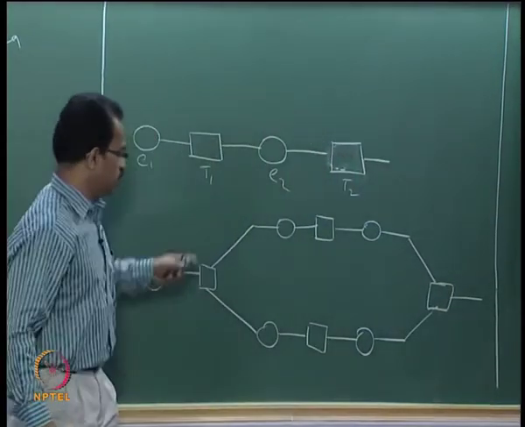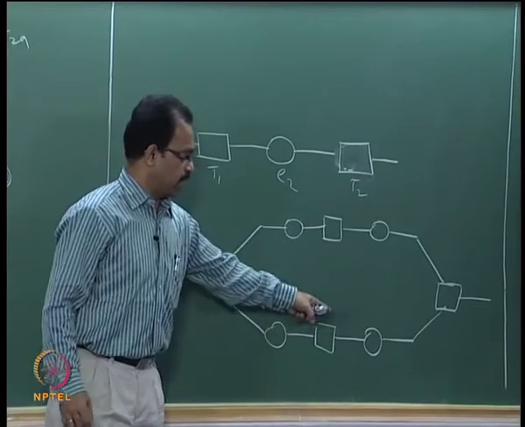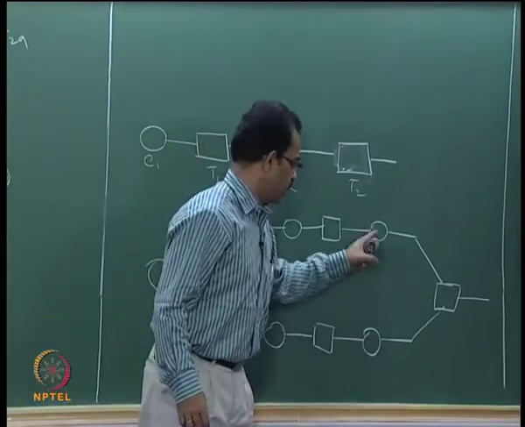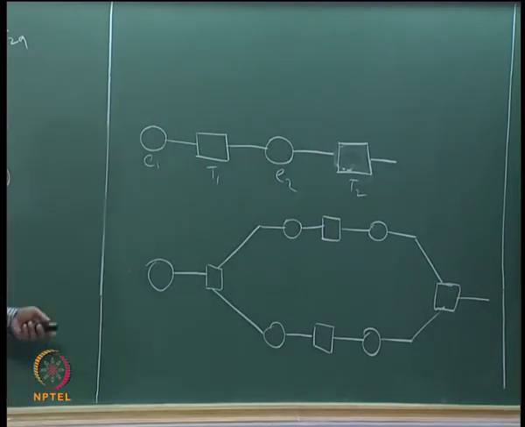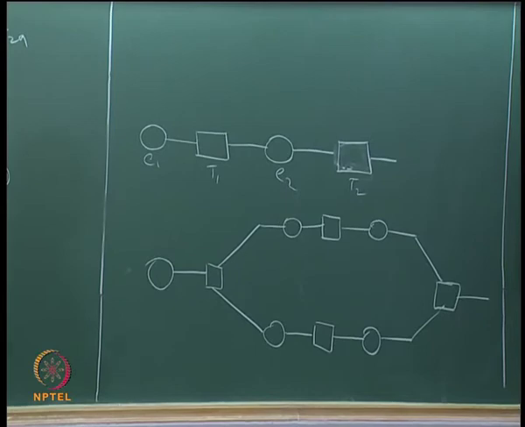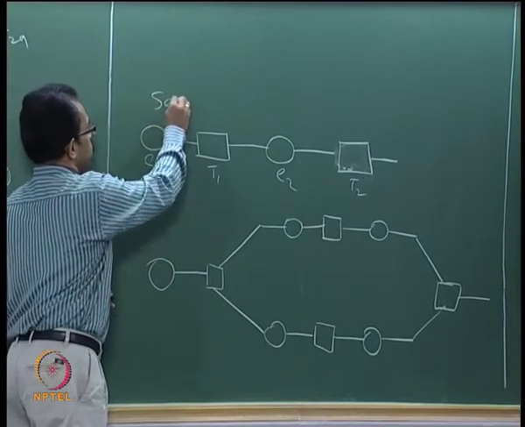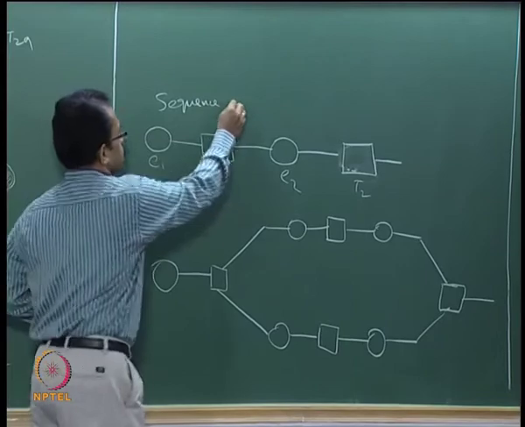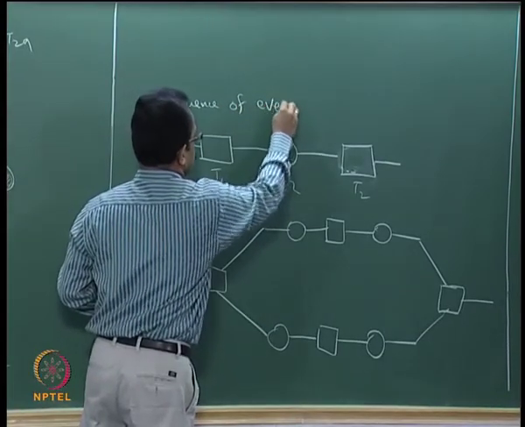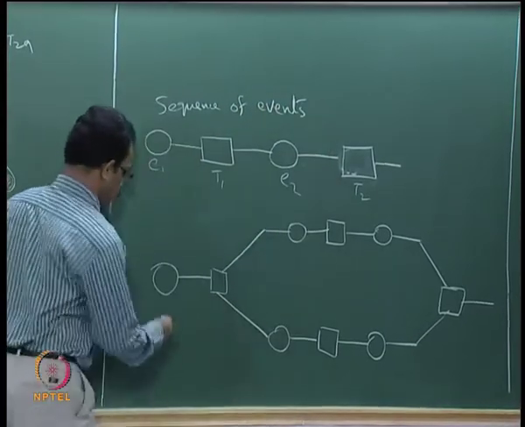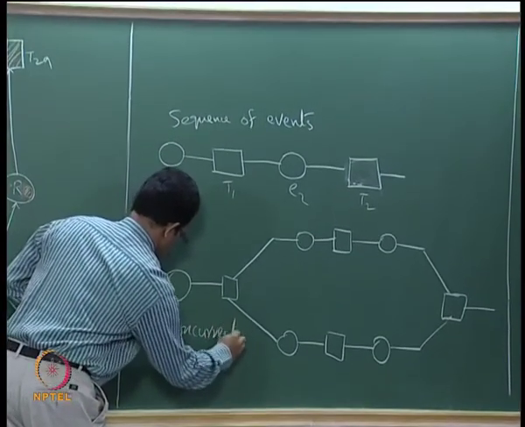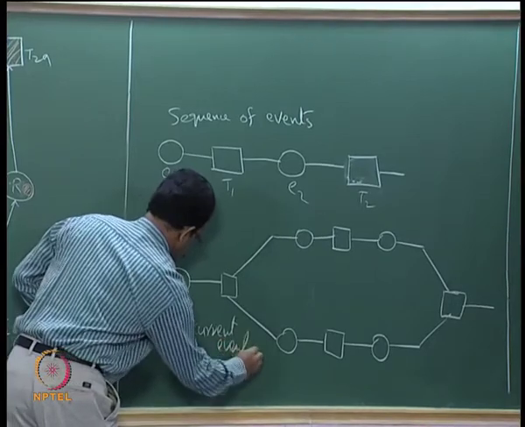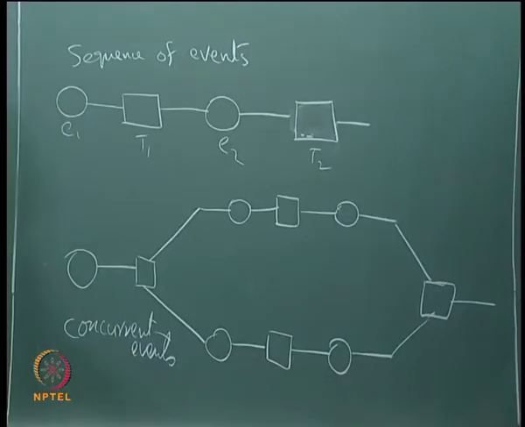These events happen concurrently, and once these two are ready, only then will this transition take place, and finally it will give an output. So that is the sequence or concurrent execution. This is the serial sequence of events, and this is the concurrency of events.